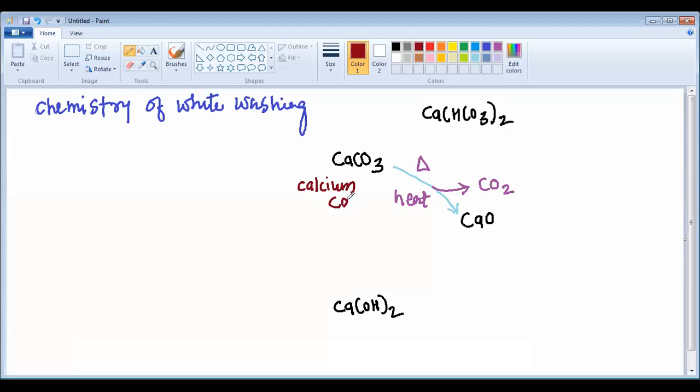Can you tell me the other name of calcium carbonate? It is known as limestone. CaO is known as calcium oxide.